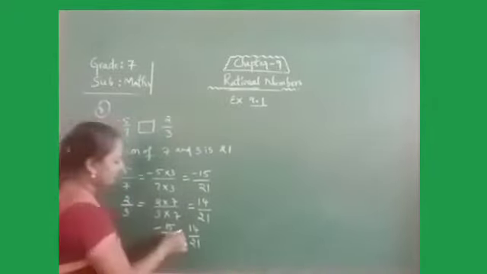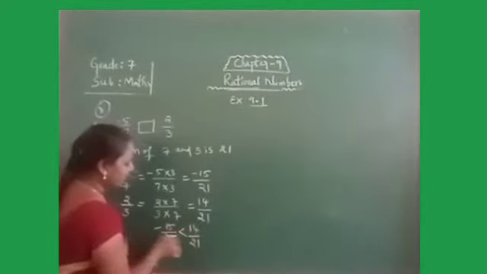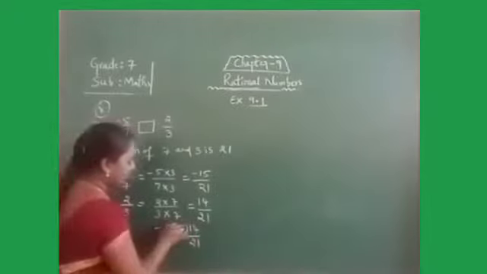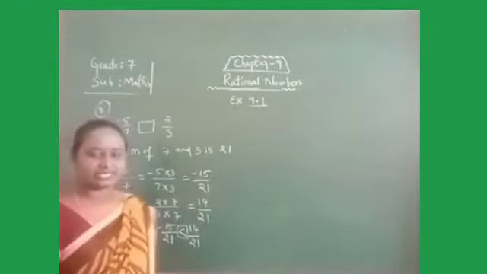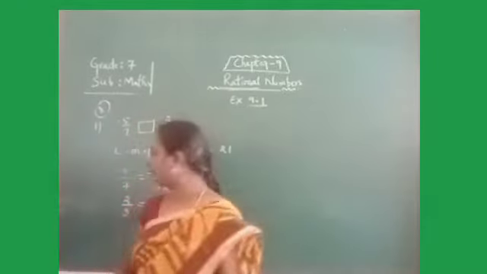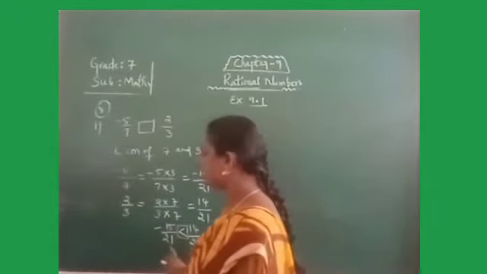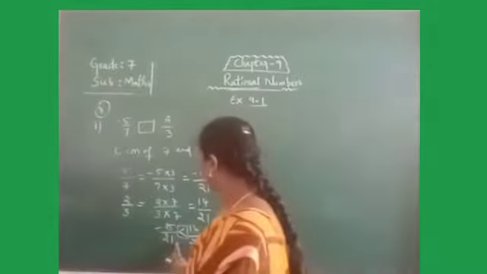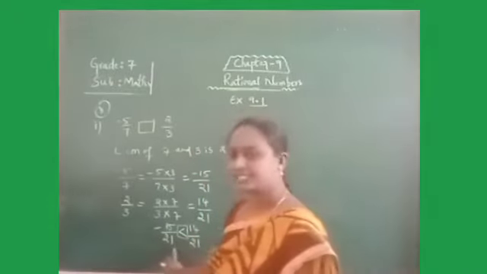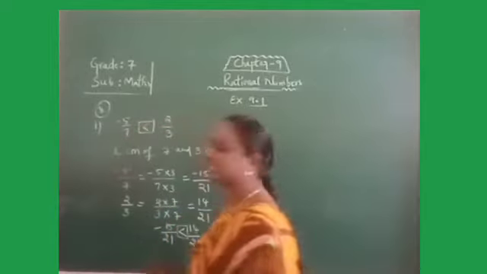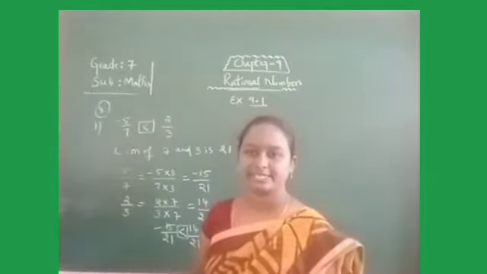Which one is lesser? Minus 15 by 21. So minus 5 by 7 is less than 2 by 3.